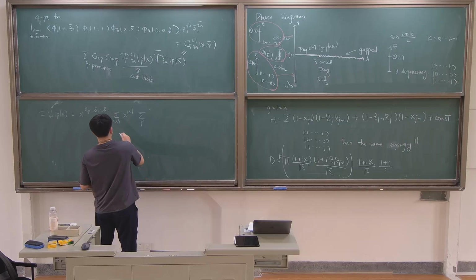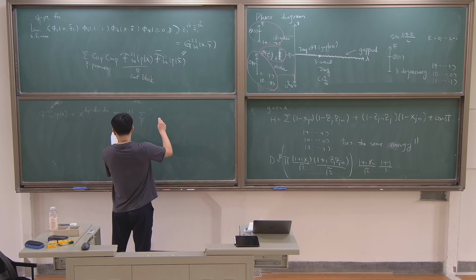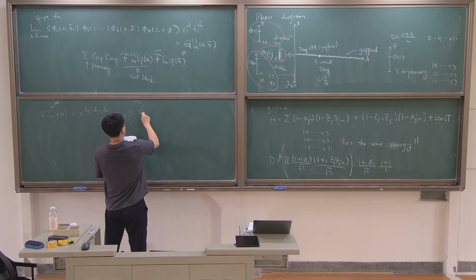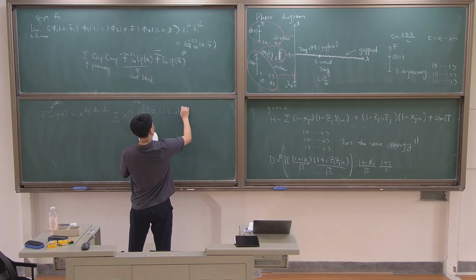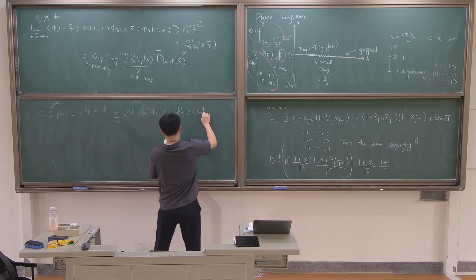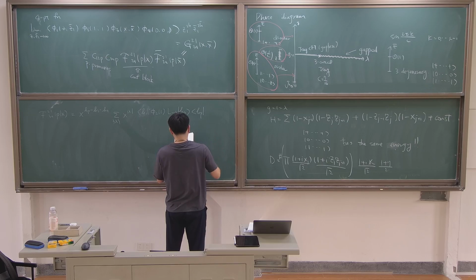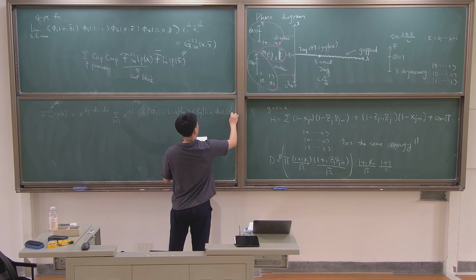So this one can be written as follows: H1, phi 2, 1, and then L minus lambda HP, and HP, and then L lambda prime, and lambda prime phi 3, 1, and H4.